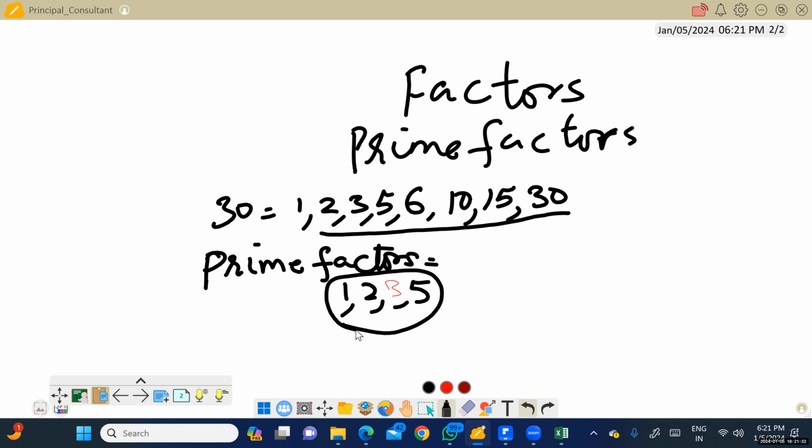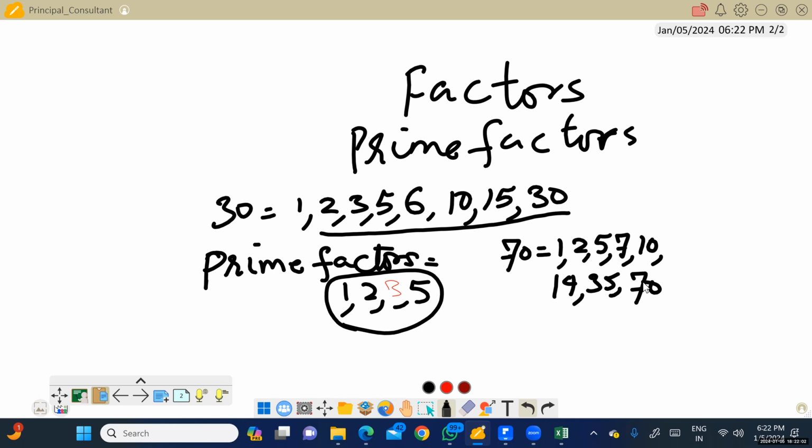Similarly, for 70, if I talk about the factors of 70, it will be 1, 2, 5, 7, 10, 14, 35, and 70 itself.